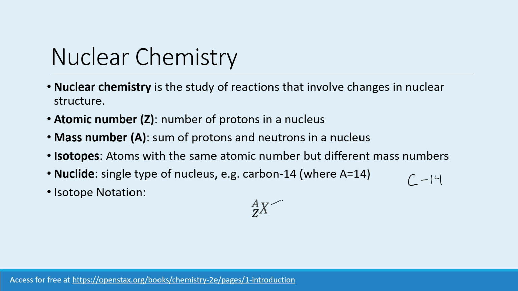And so that X just represents any element, right? So we would replace that with the element symbol. In this case, we would have carbon-14. It would be represented by a C. And then the bottom number is your atomic number. Again, number of protons from that periodic table. And so carbon has 6 protons.